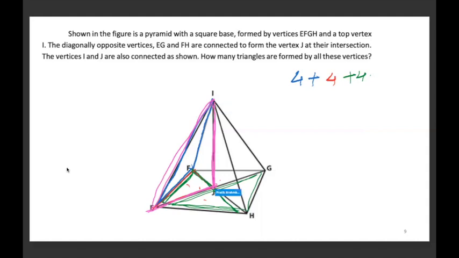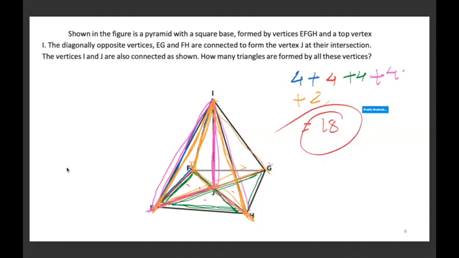Similarly you'll get another triangle here, and one more with this, and one more with this. So plus 4 triangles. Besides this, there will be one more triangle, which is a bigger triangle formed in the middle. This one triangle, and then this is another triangle. So plus 2. When you add all of them up, we'll find the total number of triangles to be 18.